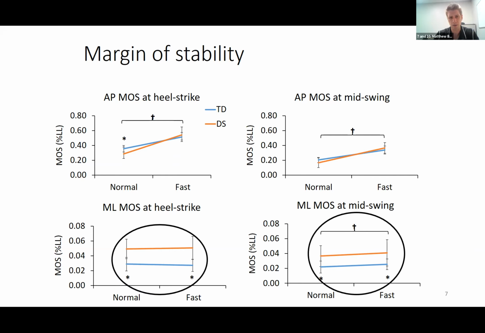For the medial lateral direction, regardless of walking speed or event, children with Down syndrome walked with a greater medial lateral margin of stability. And then there was a slight increase in this margin of stability at mid-swing when walking faster in both groups.